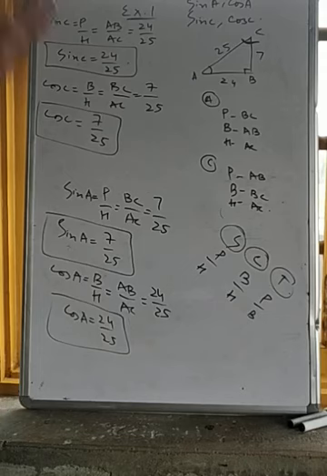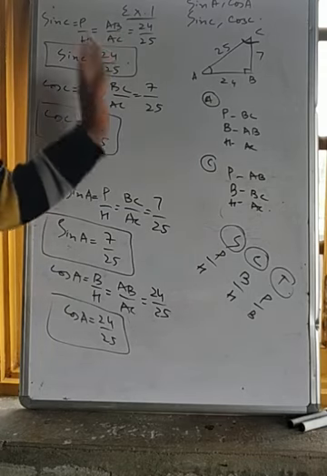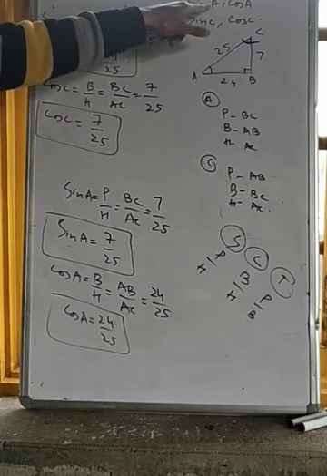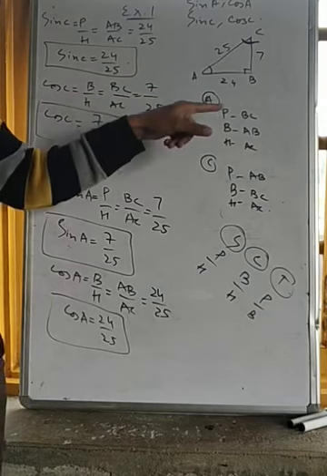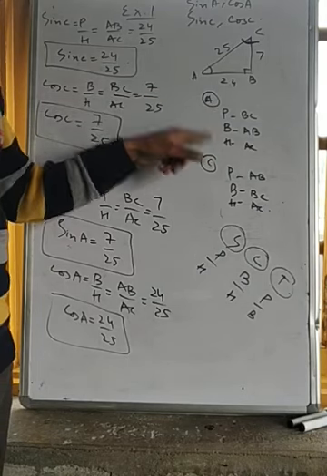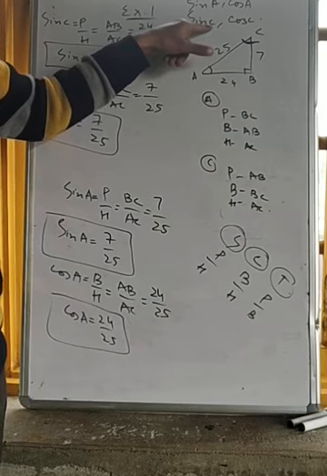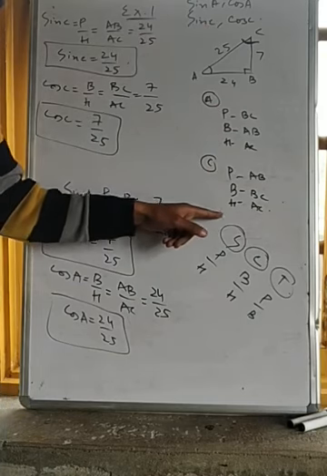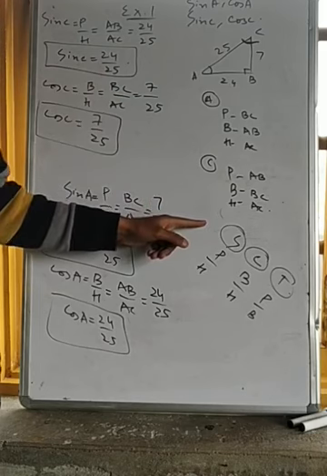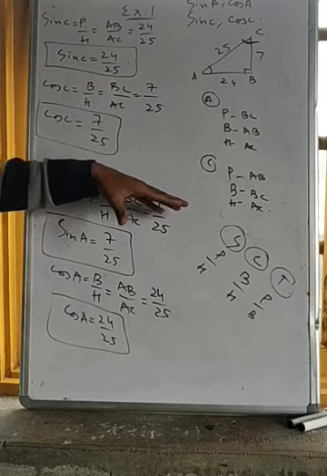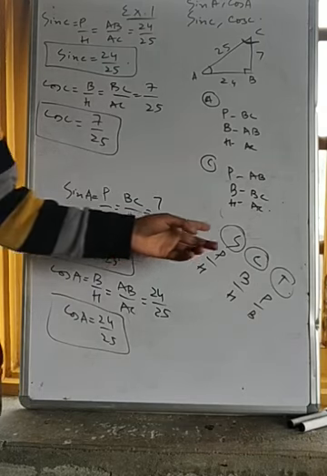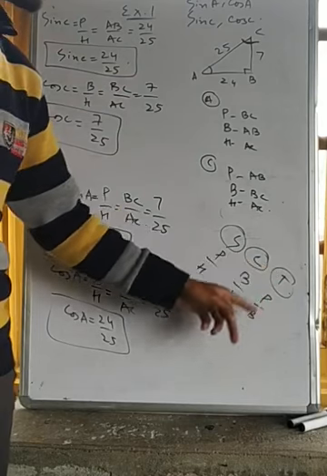To solve these types of questions, you have to keep in mind that you should be able to find these three sides for a particular angle which you are being asked about. For example, if we are asked about angle A, we have to keep it updated with all the three sides, perpendicular, base and hypotenuse. If we are asked about C, we have to keep it updated with all its three sides. And we should keep in mind this trigonometric table, which is easy to memorize in the form of a sentence: Some people have curly black hair to present beauty.